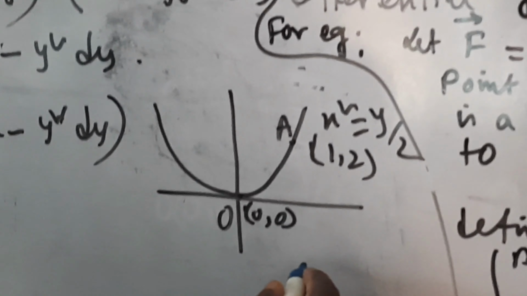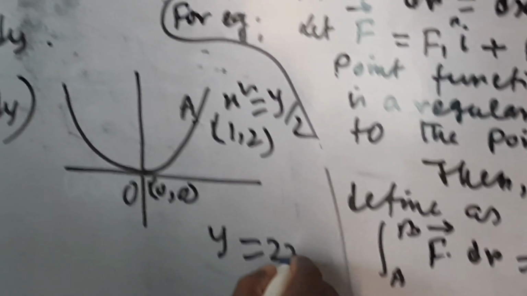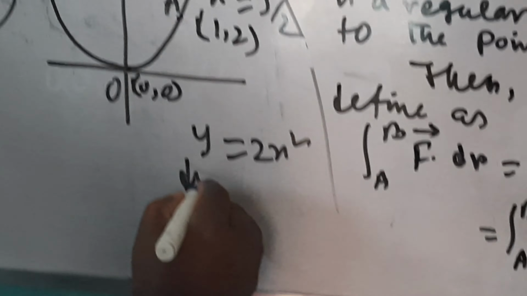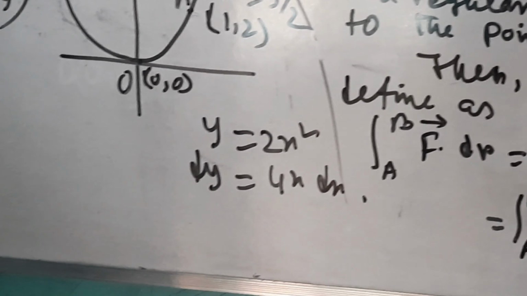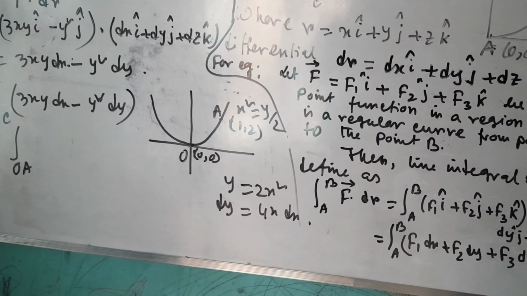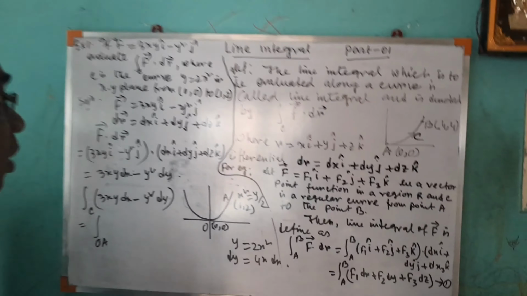This is O, this is A, that is the path OA. Now y equals 2x squared is given, so dy equals 4x dx.